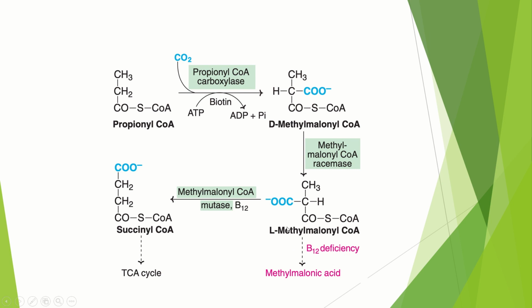The next enzyme is methyl malonyl CoA mutase, which is dependent on B12, and with its help methyl malonyl CoA gets converted to succinyl CoA. This succinyl CoA enters the TCA cycle and further gets oxidized.